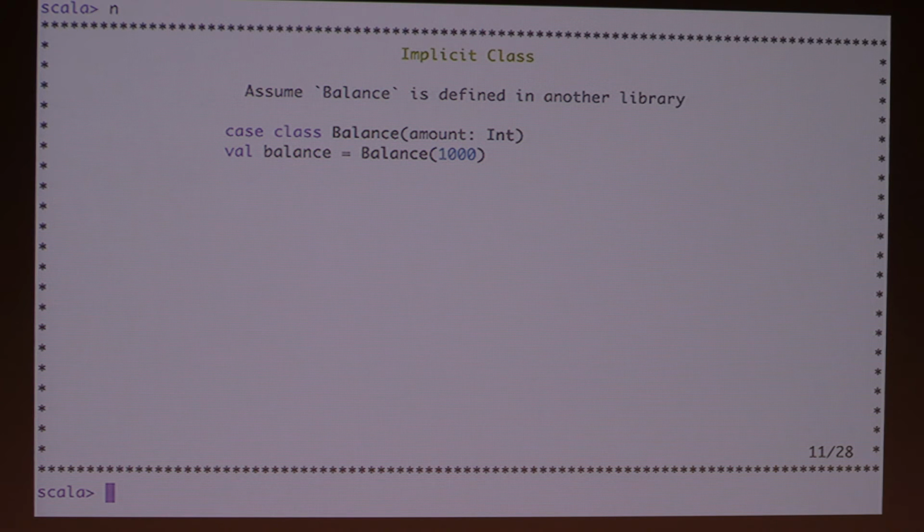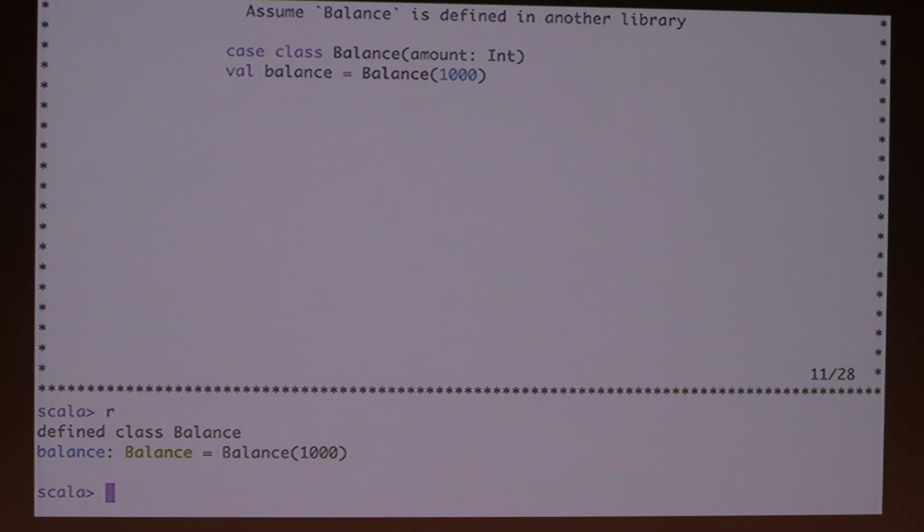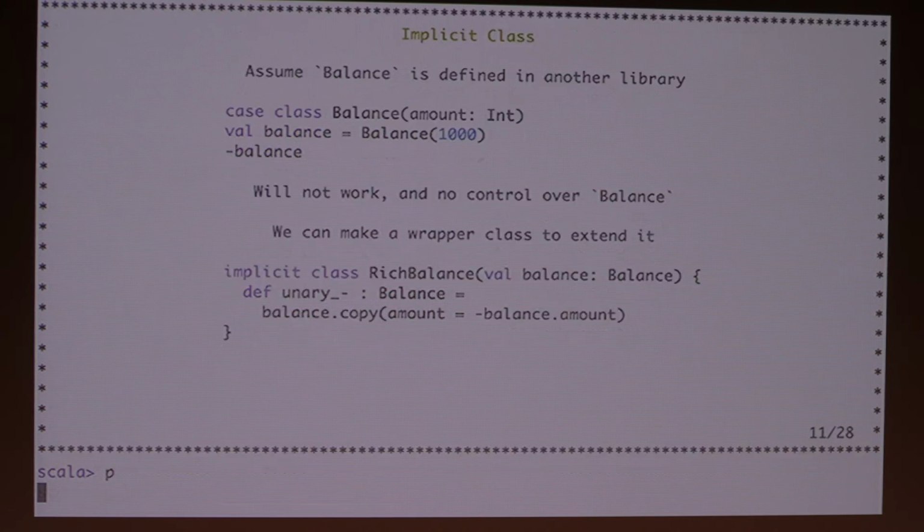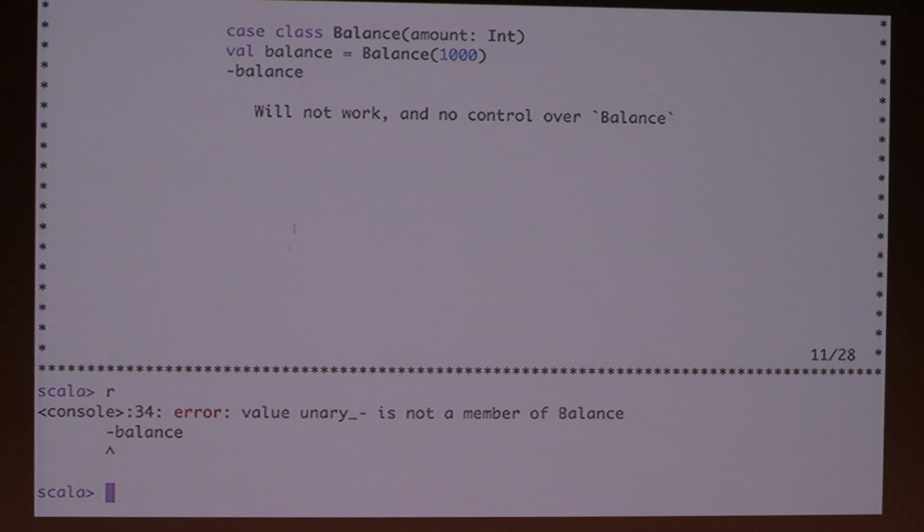Okay, implicit classes. So this is another manifestation of implicits. Given that we have some Balance case class, but it's defined in another library, so we have no control over it. What I want to show here is we see this minus balance here, but we don't have this method available.